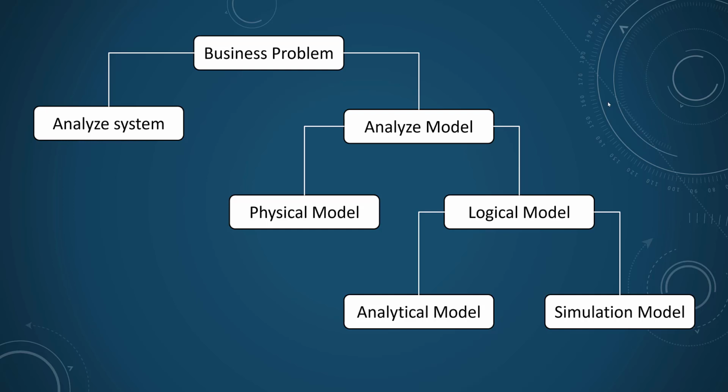Or you can set up a simulation model, where instead of strict mathematical equations, you incorporate input variables within those equations. Say, for example, an input variable like the demand for a part in the production line. In the analytical case, you're assuming a particular equation that will determine the demand for the part on a given day.